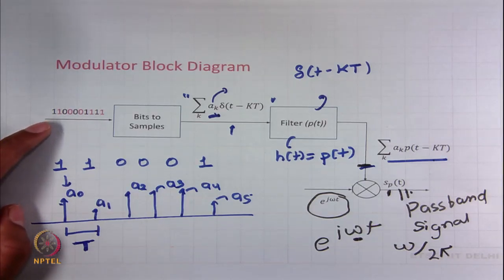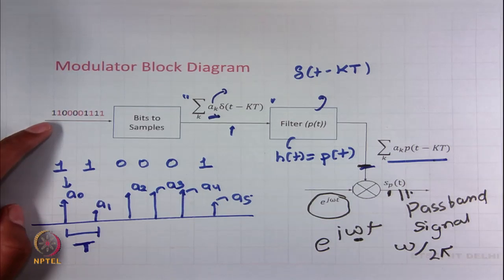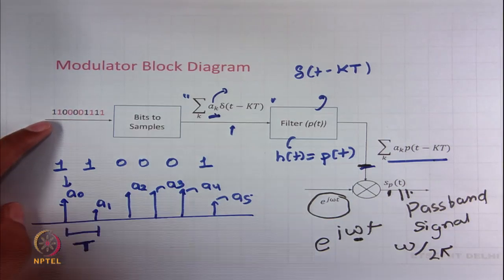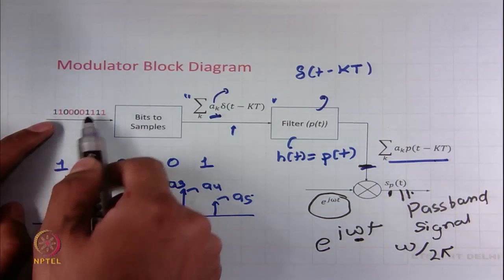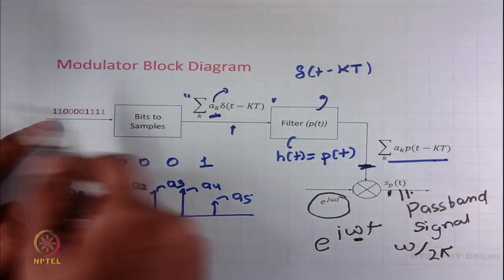up to in this lecture and over the next couple of lectures: to study the spectral description of sources. Remember that the binary sequence that is available to this modulator is a random sequence and it is a stationary sequence.